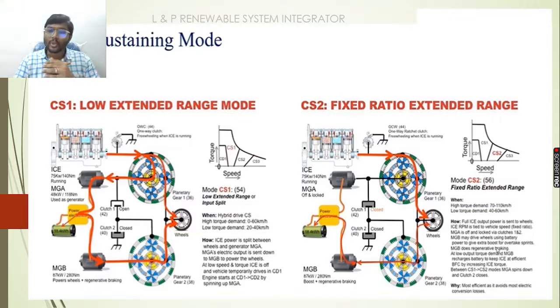Now you're utilizing another motor which runs as a drive unit, consumes the power from the battery through the power electronics, and runs your wheel, and at the same time you're trying to apply the brakes. So regenerative braking is happening. Because of it, the motor which was already running in the boost mode is now running as a generator. The power generated in the motor is getting stored, so the same motor is being used as a motor as well as a generator.